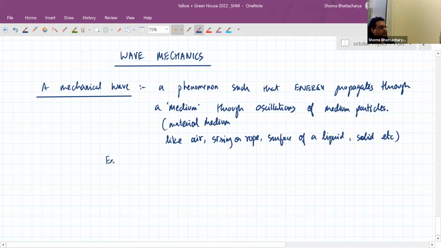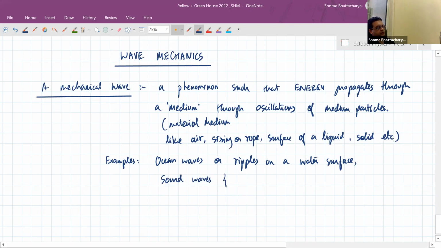And the most common examples of mechanical waves are ocean waves or ripples on a water surface, sound waves, through air or through any liquid or even through solids.